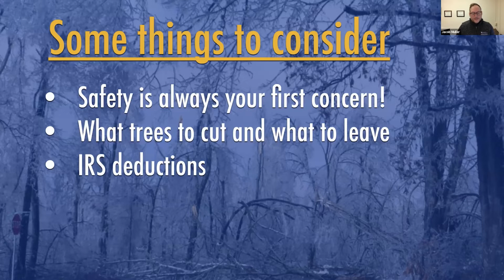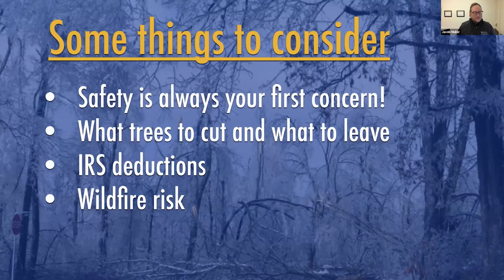For some of those who have had significant loss in timber value, there are some options when you file your taxes to claim casualty losses. We'll touch on that. Depending on the type of storm, following an ice storm, when there's a lot of branches, what we call ladder fuels, sources of fuel for fires, there can potentially be increased wildfire risk following some of these storms, and that's something we should consider.